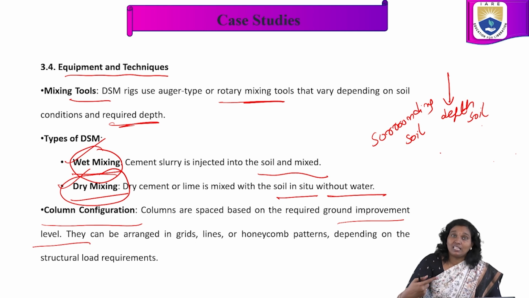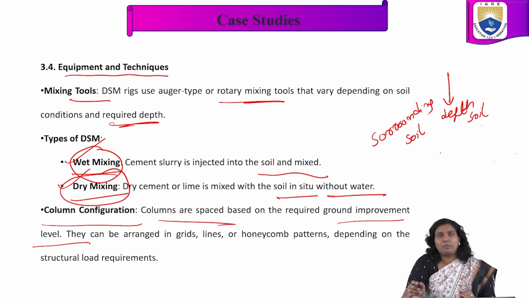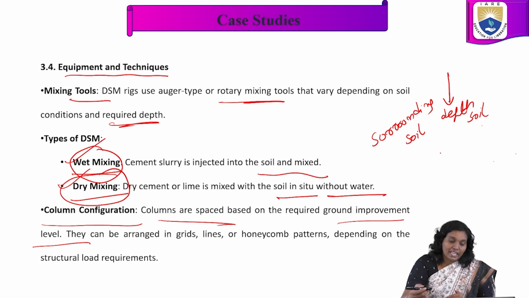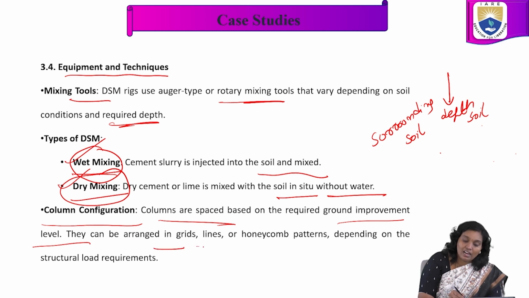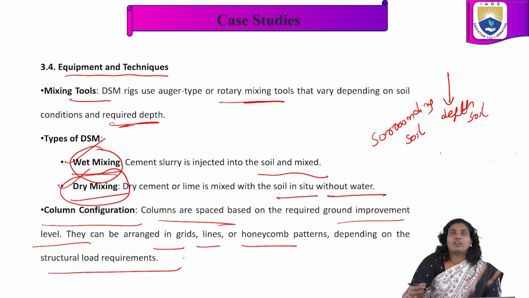Once we understand these column configurations, we have to understand the column spacing also. They can be arranged in grids, lines, or honeycomb patterns, depending upon the structural load requirements.